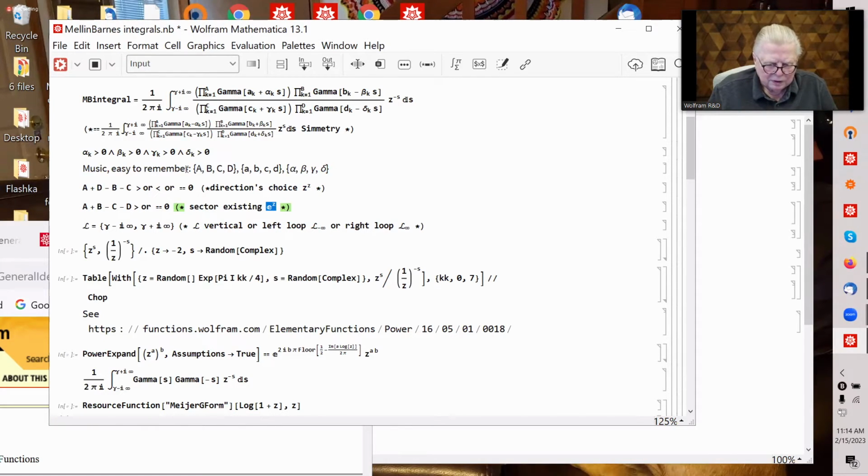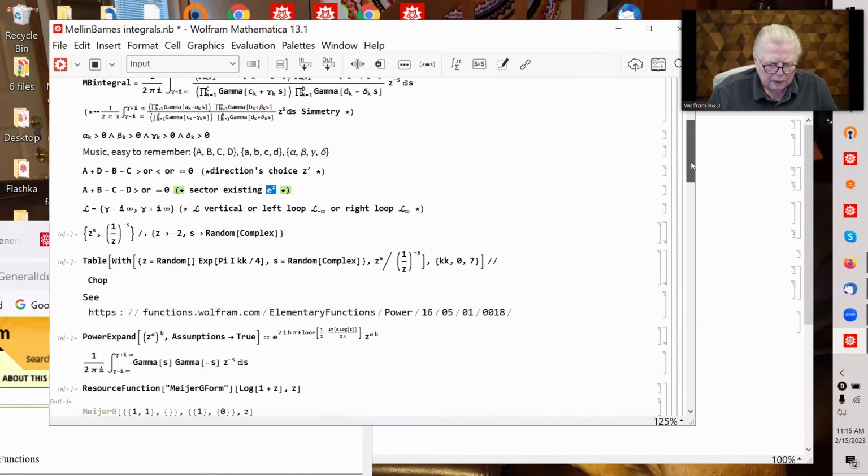Again, it is characteristic it regulates existing sector of analyticity and opportunity to make analytical continuation residues from left poles to right poles. But about this I will tell below.